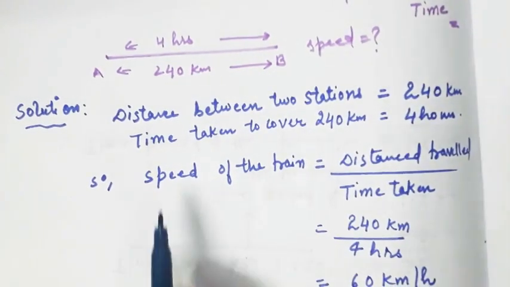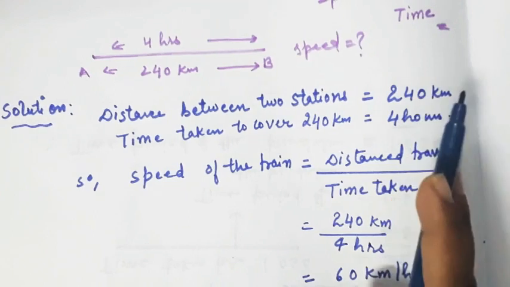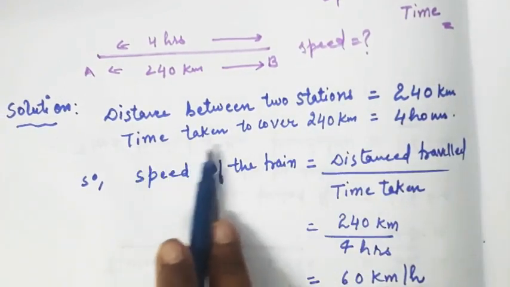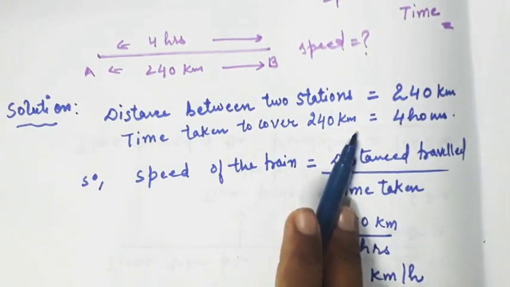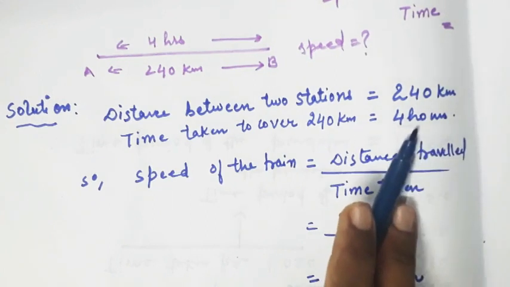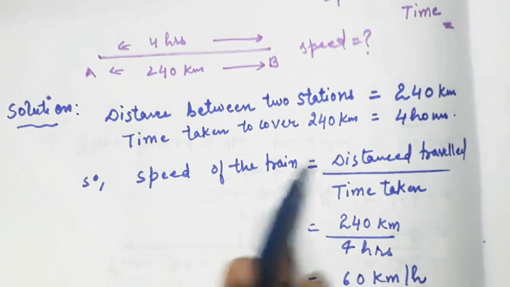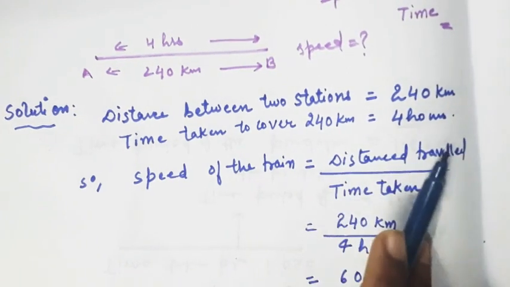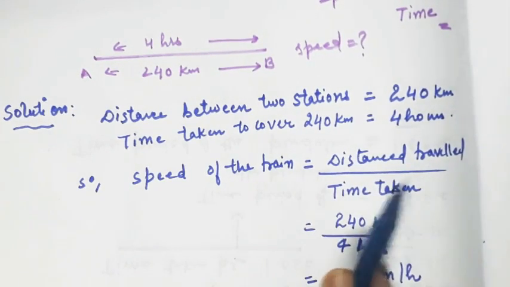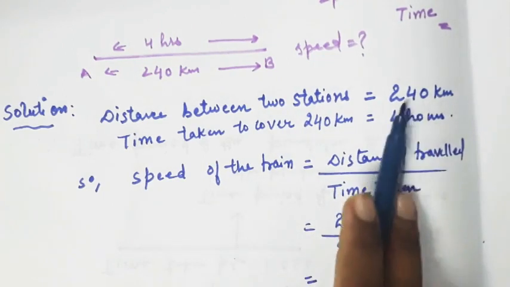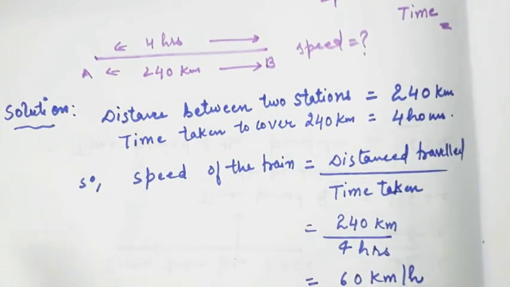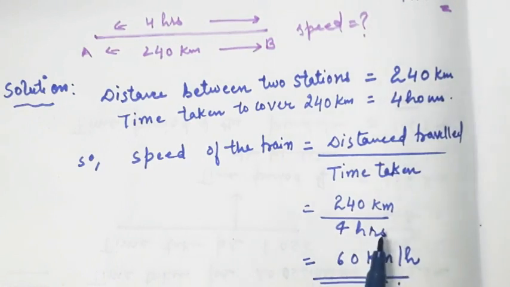The distance between two stations is 240 kilometers, which is given. The time taken to cover this 240 kilometer distance is already given to you, that is 4 hours. So for the speed of the train, we can apply the formula distance upon time, that is distance traveled upon time taken by the train. So distance traveled is 240, I substitute the value here, upon 4 hours.